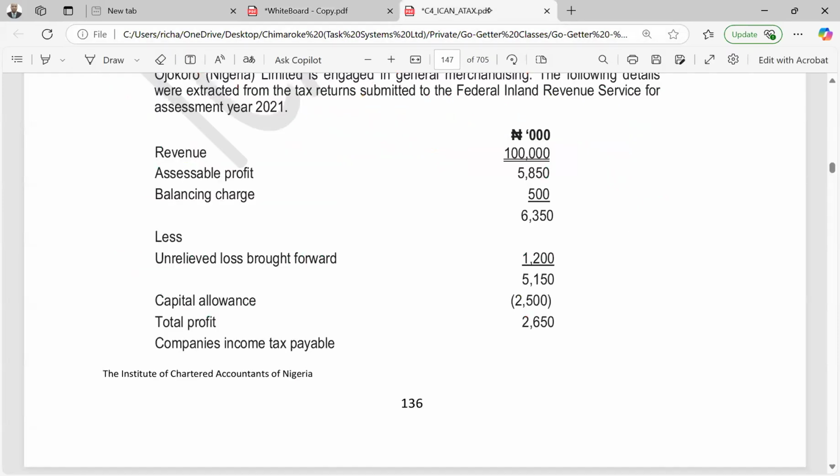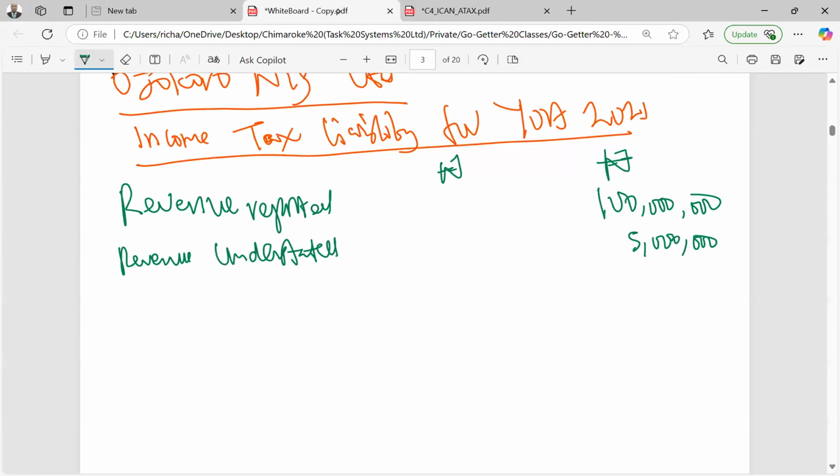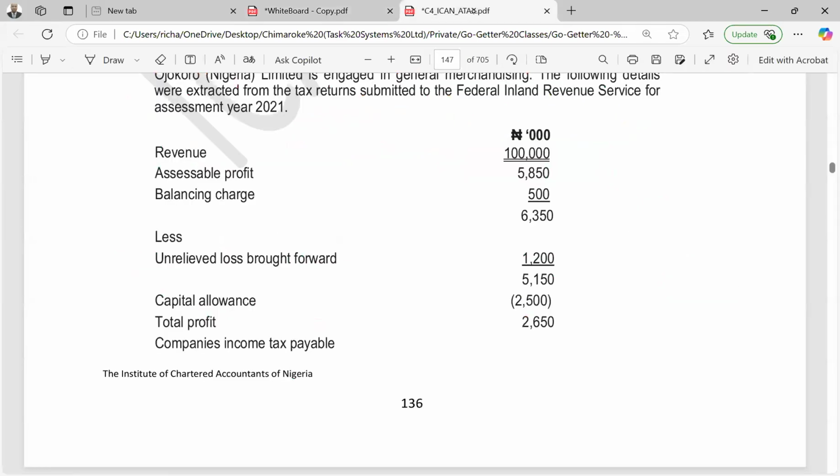What again? We have balancing charge 500,000, because it will form part of your revenue.